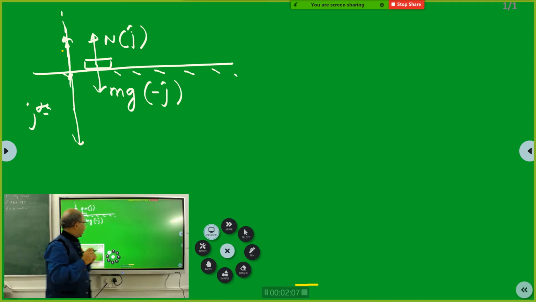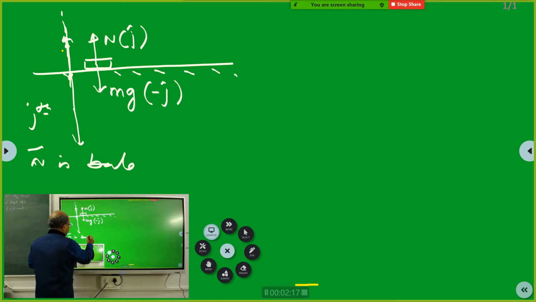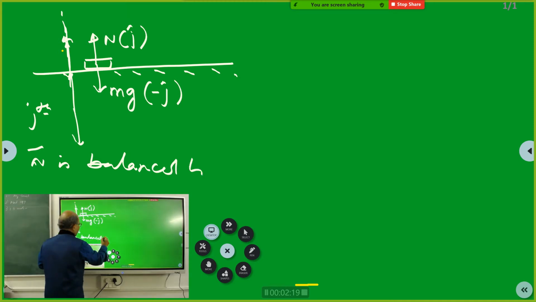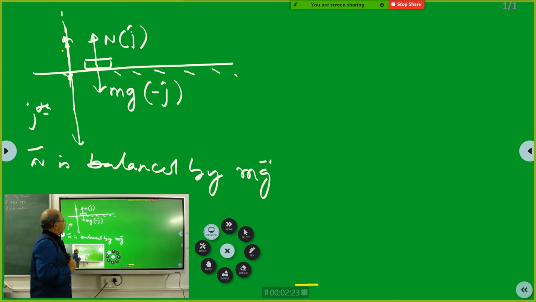So then we use the term called balanced. That means now n bar is balanced by mg bar. Got it? So n bar is balanced by mg bar. That is the term that we are using.